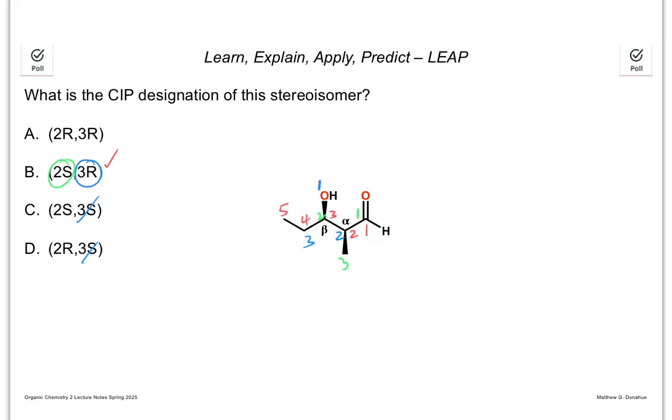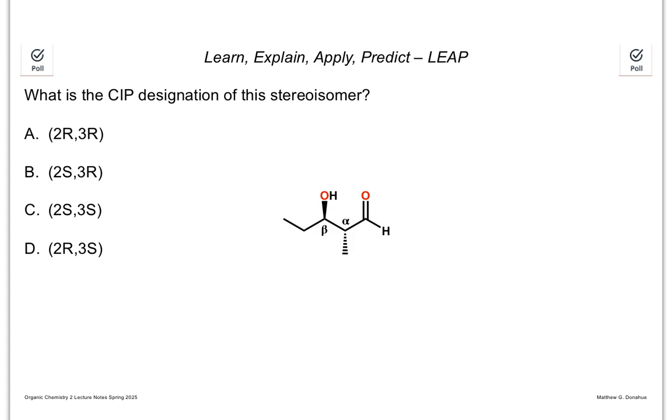So 2S, 3R. Pay attention to the alpha stereochemistry. So the beta is staying the same, so that has to remain the same. So 3R, then we're flipping the alpha. The alpha is changing. So what should this be?